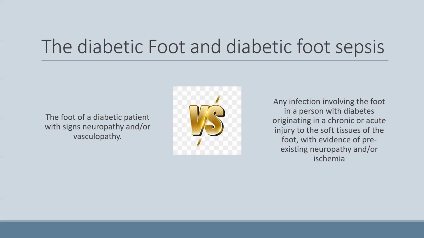Whereas diabetic foot sepsis is when there is a complication with infection now. So this is an infection that involves the foot of a diabetic person, and this infection usually originates from a chronic ulcer or an acute injury, and this patient must have evidence of existing neuropathy or ischemia.